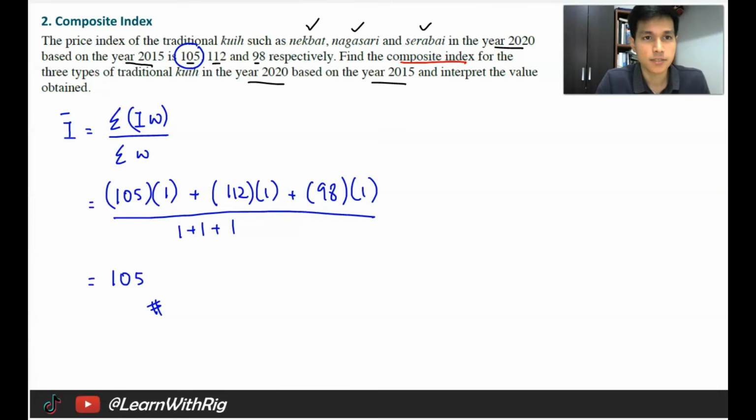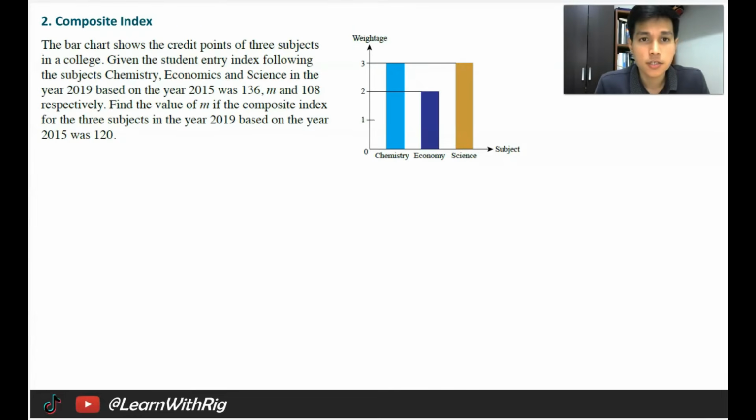Okay, right, next. The bar chart shows the credit points of 3 subjects in the college. So there are 3 subjects here: chemistry, economy, and science. Given the student's entry index, in other words, the index number. The index for the 3 subjects in year 2019 based on 2015 is given.